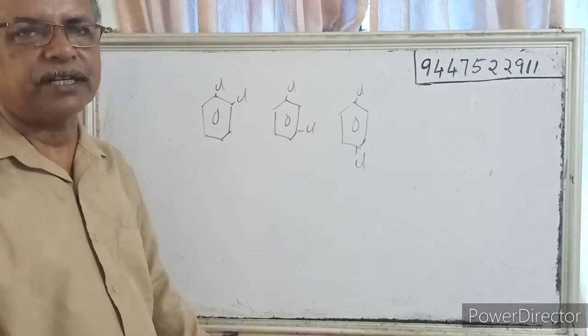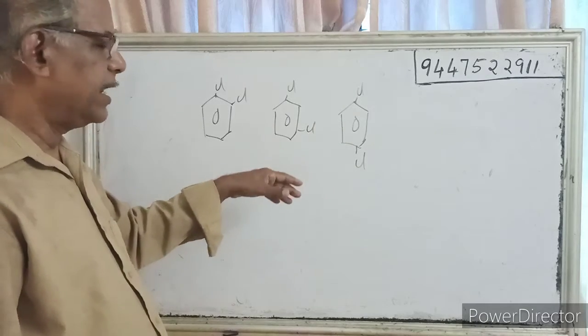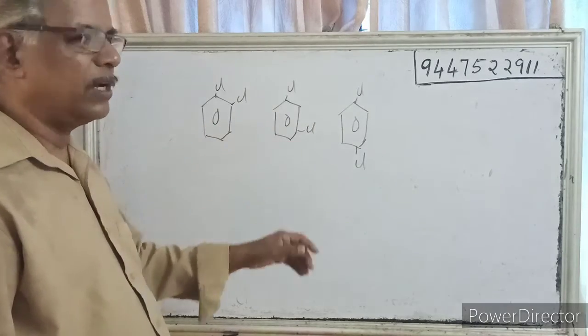Why? You have to give the reason for that. Para-dichlorobenzene has a higher melting point when compared with ortho and meta.